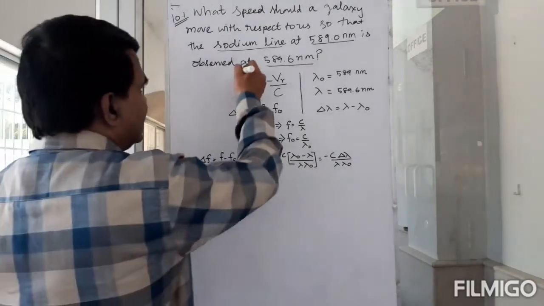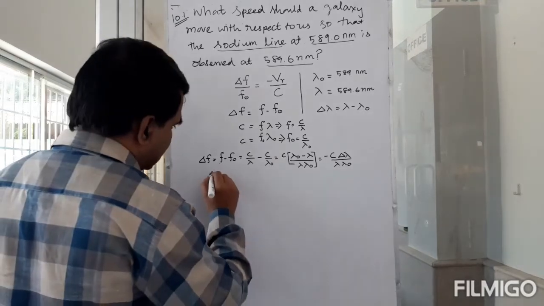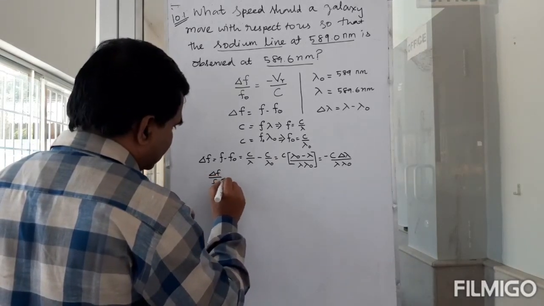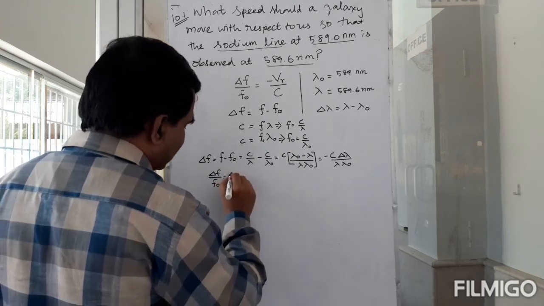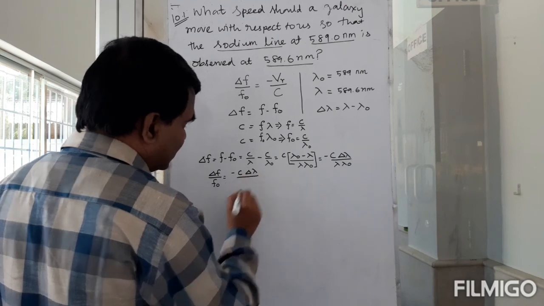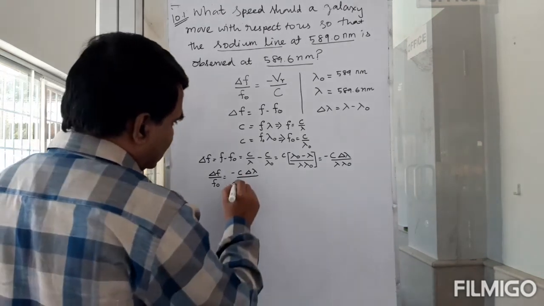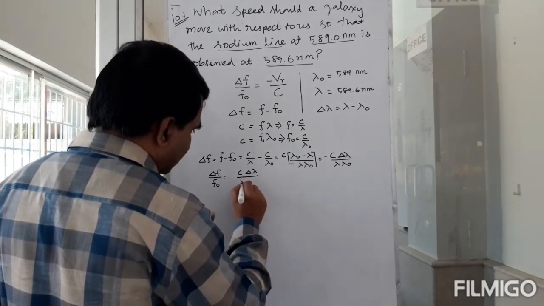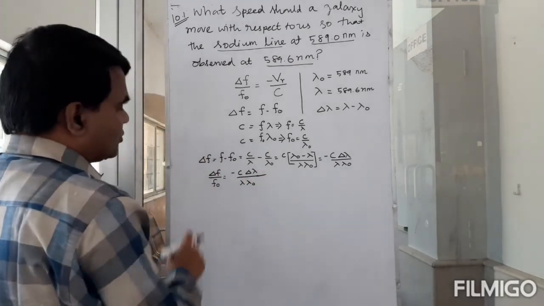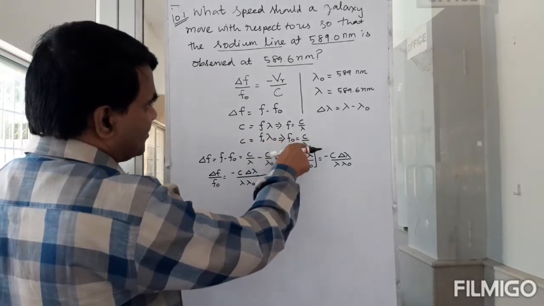Now, I need to find delta F by F naught. So delta F by F naught is equal to minus C delta lambda by lambda lambda naught into F naught. What is F naught? F naught is C by lambda naught.